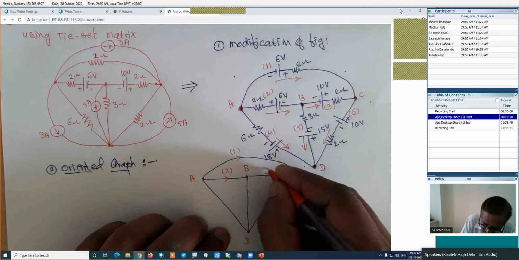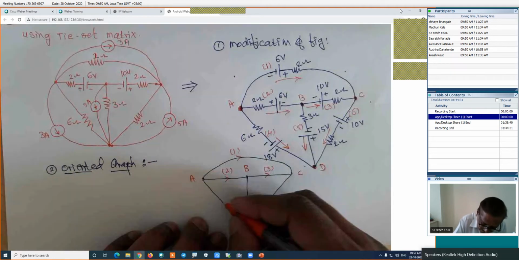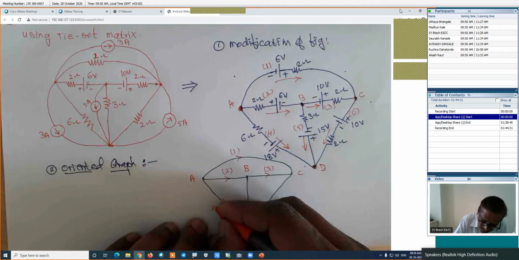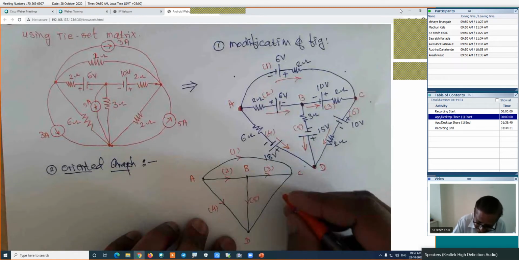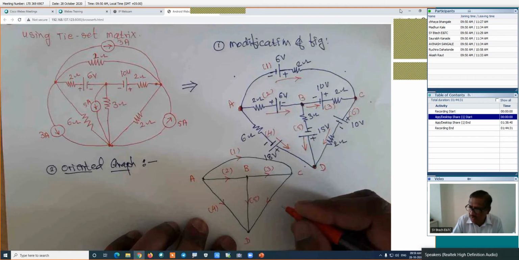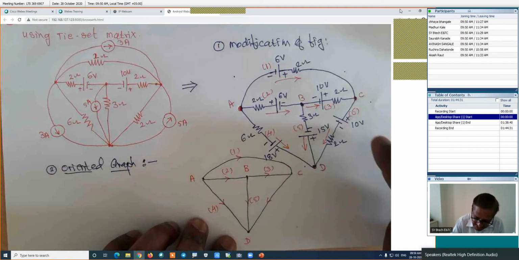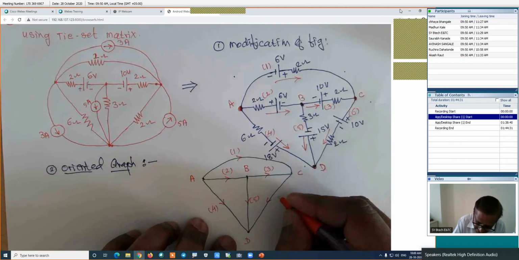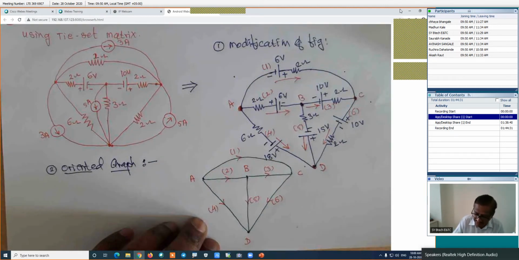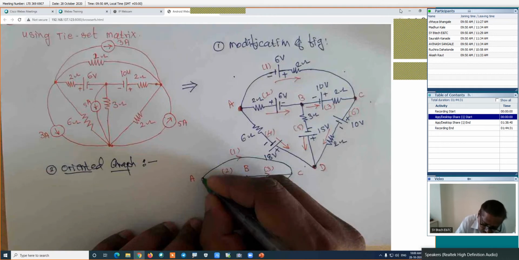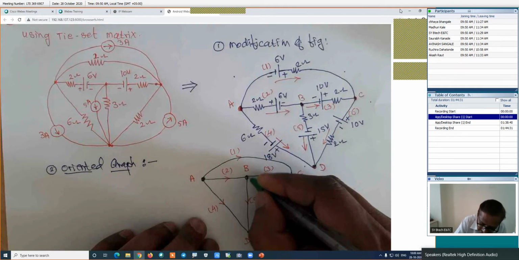This is branch number 4, its direction is downward. This is branch number 5, its direction is downward. And finally, this is branch number 6. Its direction is again downward. Is it right? And whatever graph we have, this graph is known as an oriented graph or directed graph.